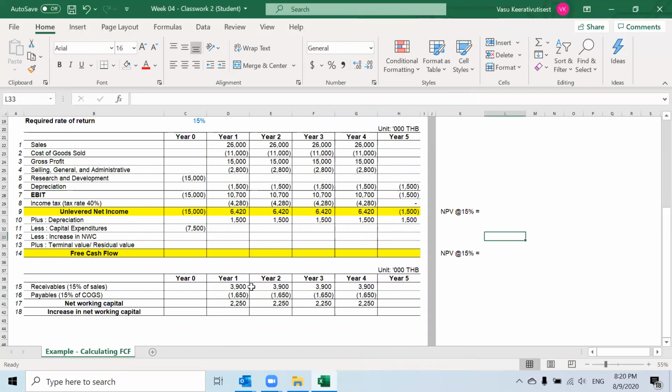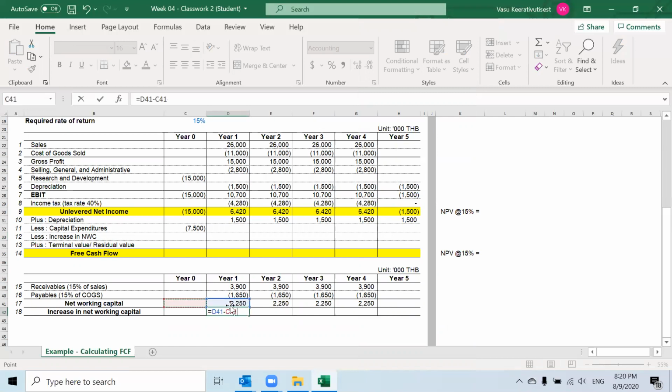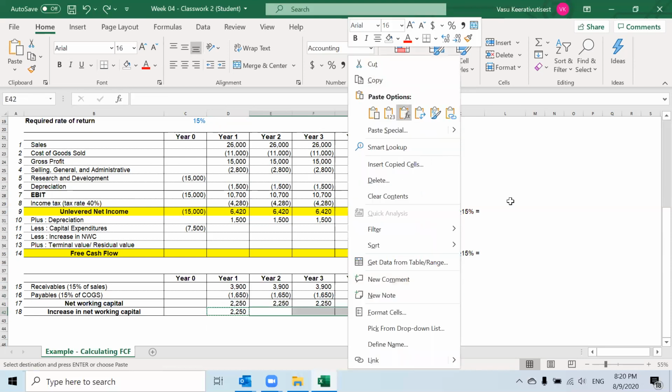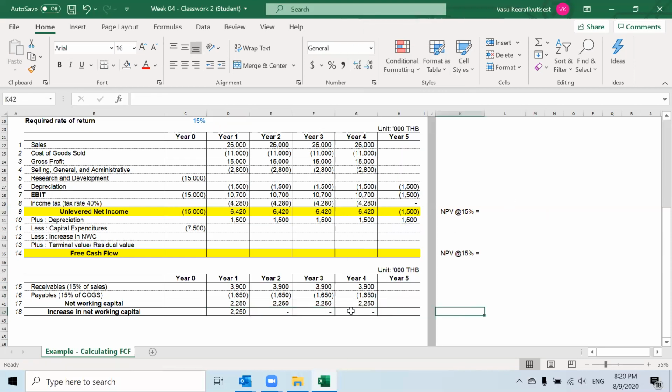So increase in net working capital is equal to net working capital minus net working capital for the previous year. You can see that based on this case, you need to inject working capital in year one, but later on, because the sales don't ramp up, net working capital remains the same.